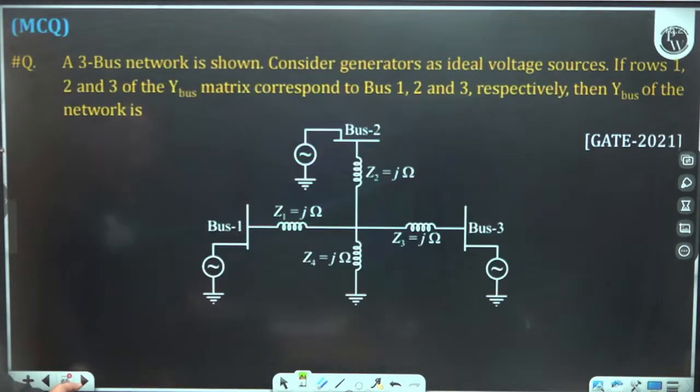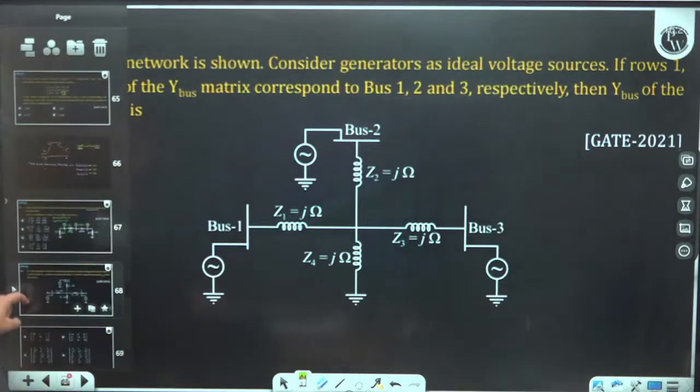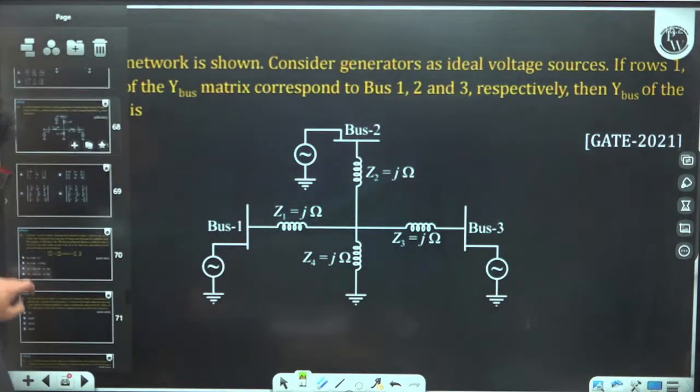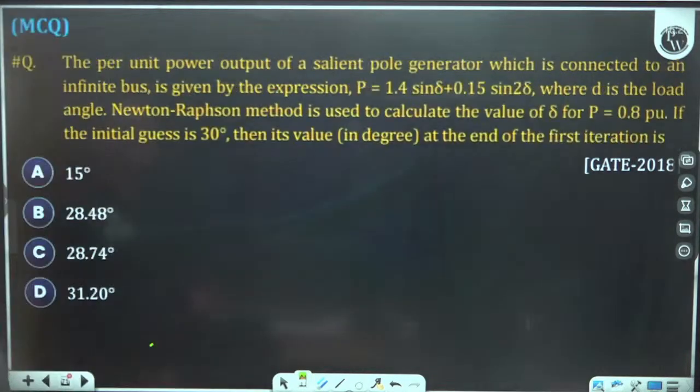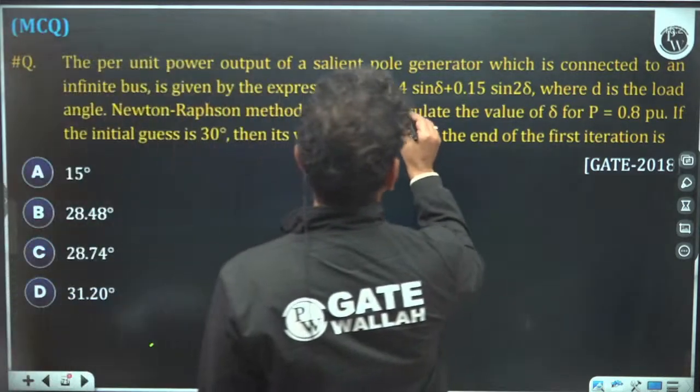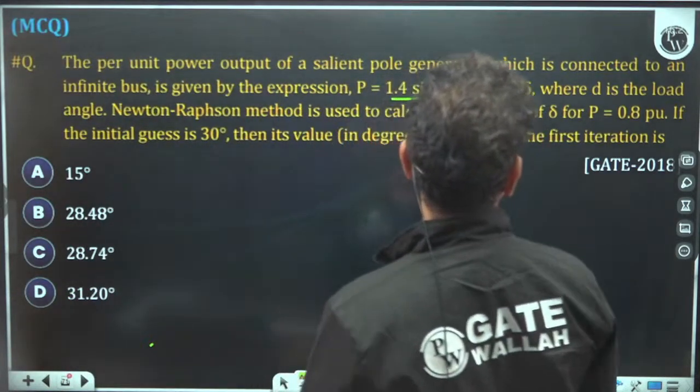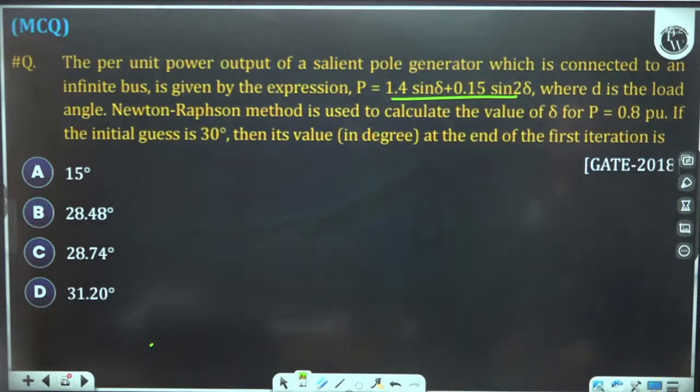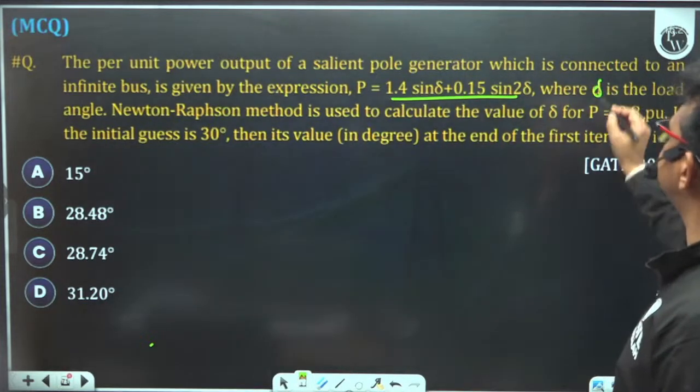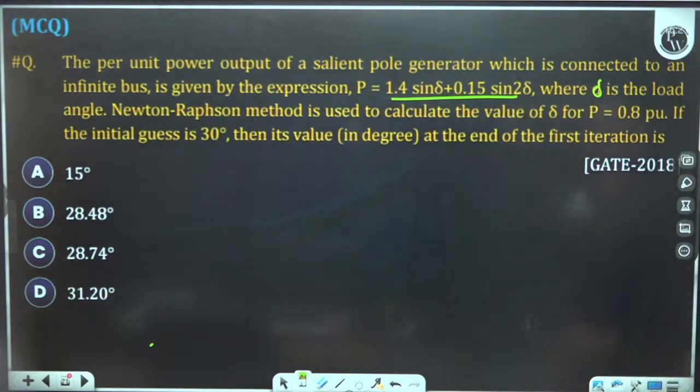Let's do one question on this Newton-Raphson method. The PU power output of a salient pole generator which is connected to an infinite bus is given by the expression, where delta is the load angle. This is a non-linear equation, so you can solve it by using the Newton-Raphson method. Newton-Raphson method is used to calculate the value of delta for P equivalent to 0.8.